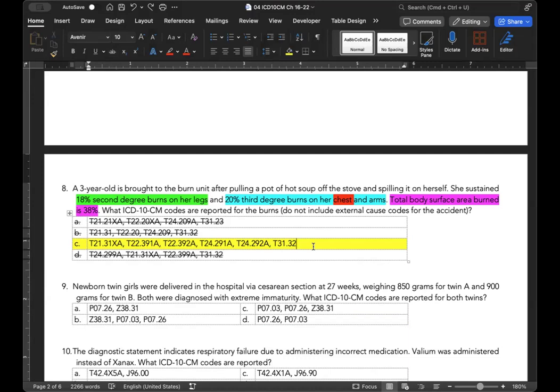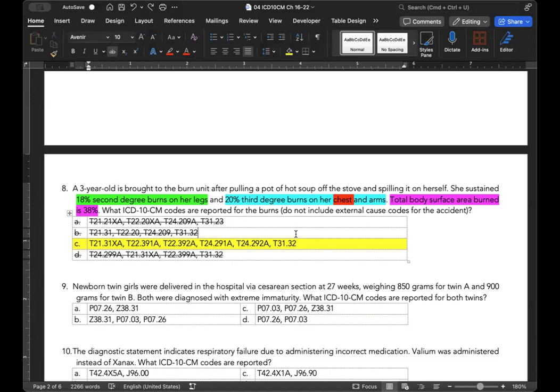Is that how we're supposed to read it? Yes, because our total body surface area is 38%. So that's the 30 to 39%. And then we have to specify how much of that 30 to 39% is third degree. So that's where our 20% comes in. Yes, good question. Okay. All right. Thank you. You're welcome.